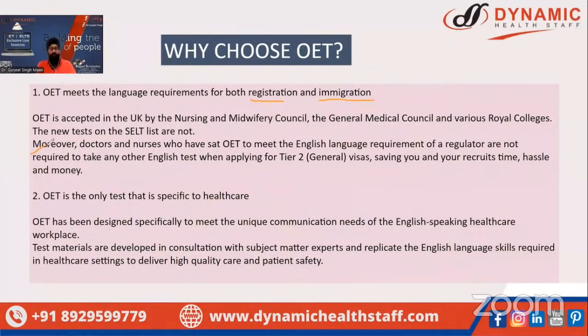Apart from that, once you are going for your immigration purposes, for your tier 2 visas, if you already have OET as your requirement, there's no need to give any other English test. It will save your time, it will save your money, it will save you from hassle. So it is an important point that OET meets the requirement for both registration and immigration.